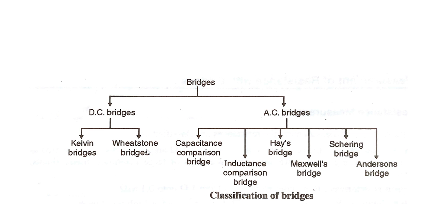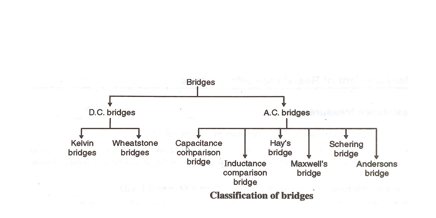I think you may have used the Wheatstone bridge many times previously, also in sensors and transducers. The AC bridges are the capacitance comparison bridge, inductance comparison bridge, Hay's bridge, Maxwell's bridge, Schering's bridge and Anderson bridge.